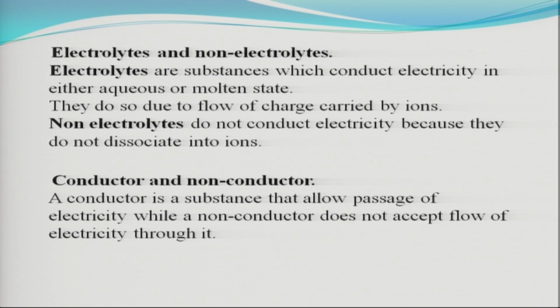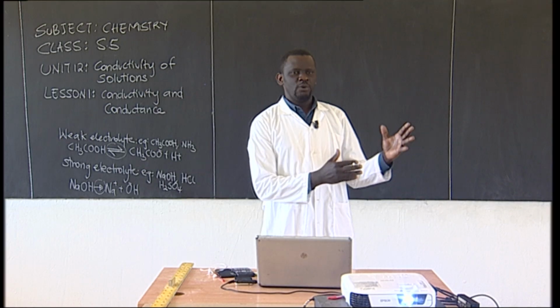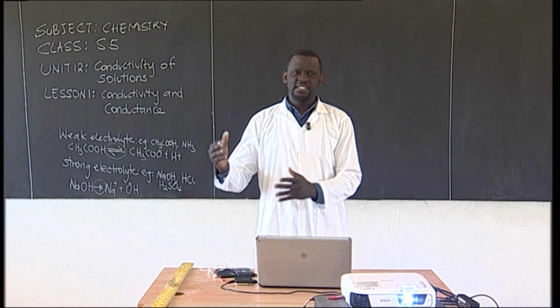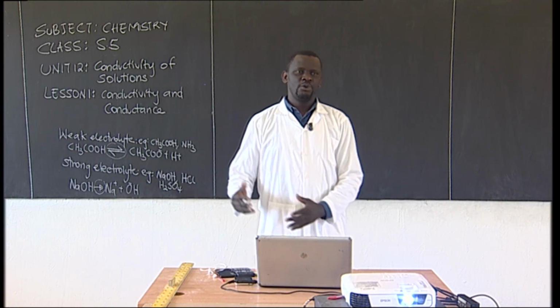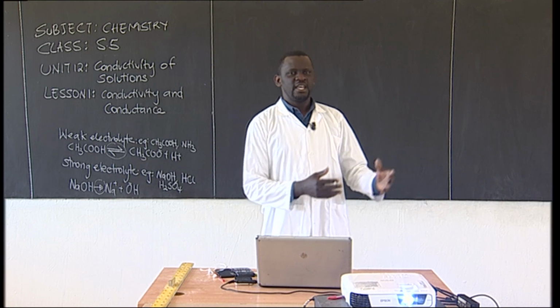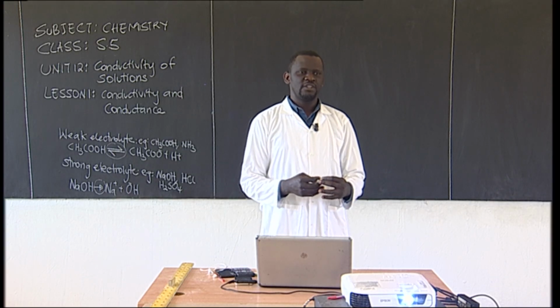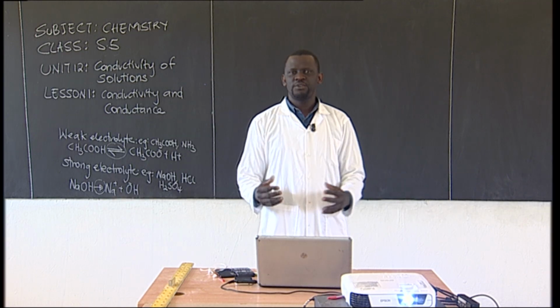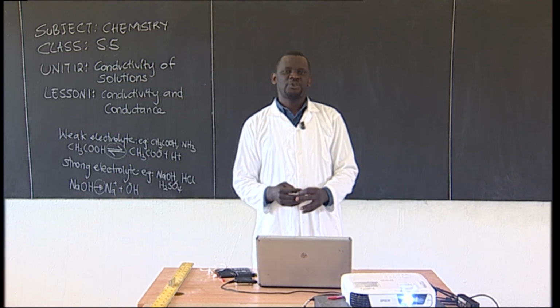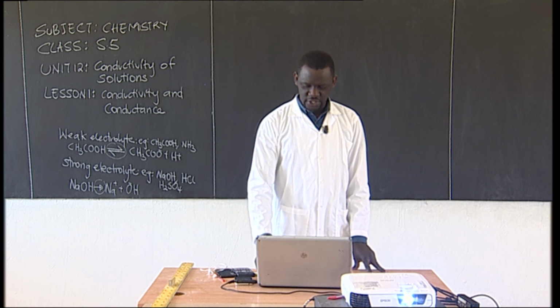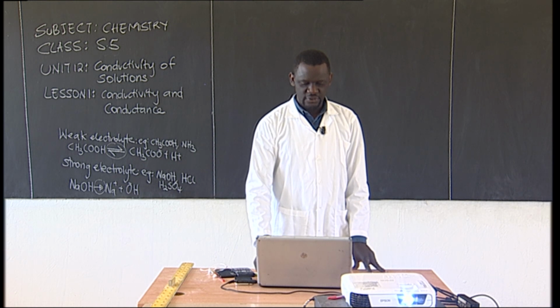If the substance allows electricity to go through it, we say it is a conductor. If it does not, it's a non-conductor. Weak electrolytes and strong electrolytes are all conductors.